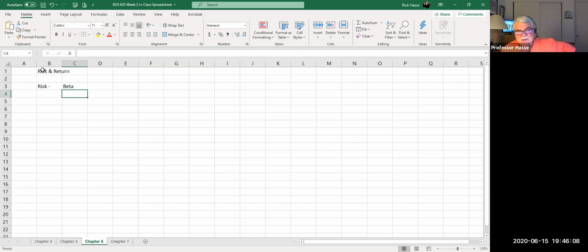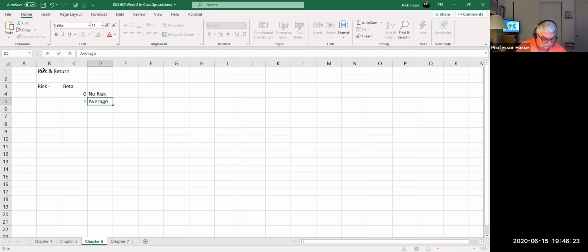If I have a beta of 0, I have no risk, no problem. If I have a beta of 1.0, I have average or market risk. If I have a beta of 10, I'm the government of Greece.